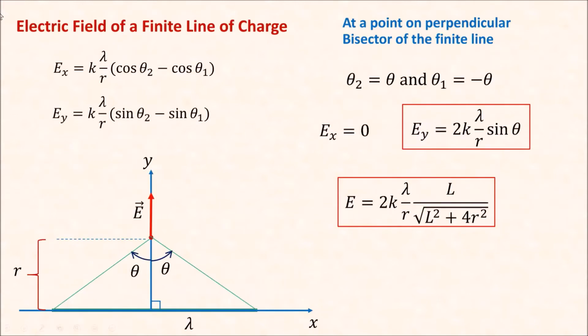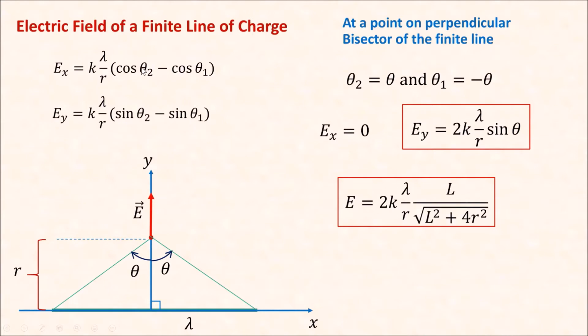For example, here, the electric field of a finite line of charge at a point on the perpendicular bisector of the finite line. This means that the situation is symmetrical, so the two angles are the same. But this theta is positive, this one is negative, so theta 2 equals theta, and theta 1 equals negative theta.